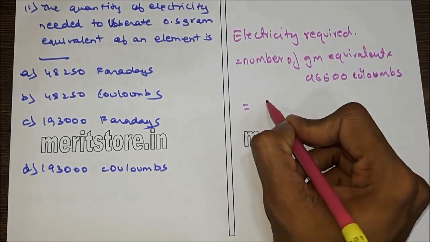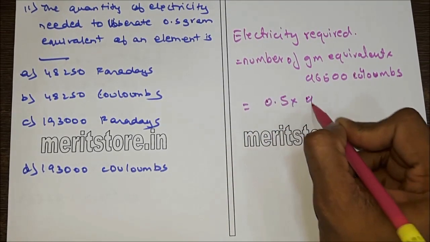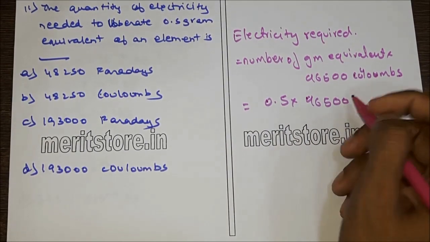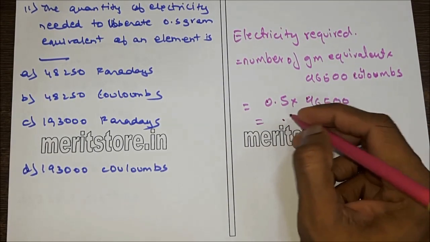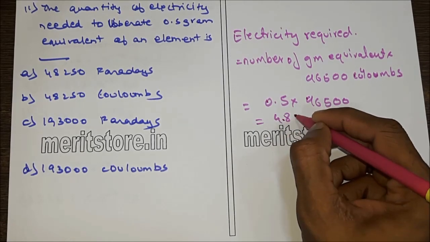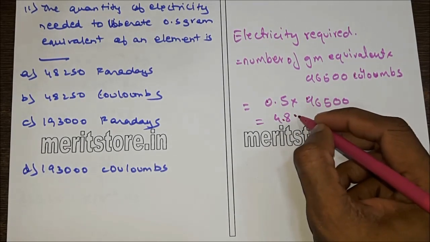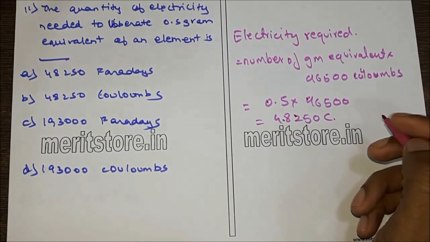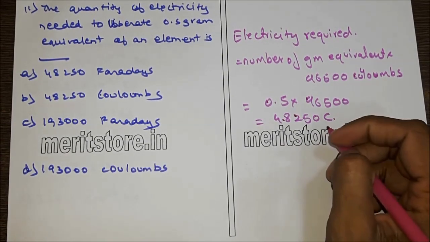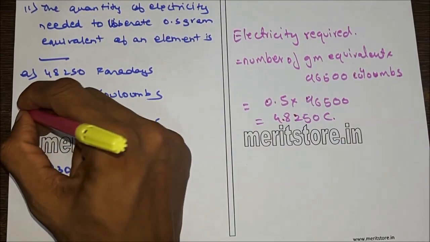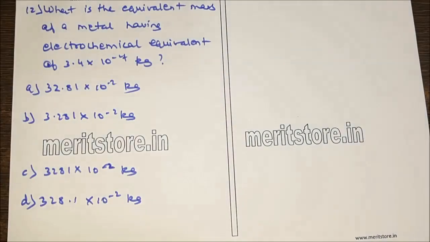We substitute, we get 0.5 into 96,500, which gives us 48,250 coulomb. Therefore, our answer matches with option B. Therefore, option B is the correct answer.